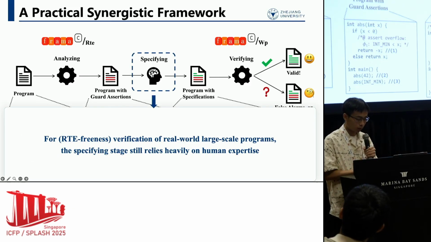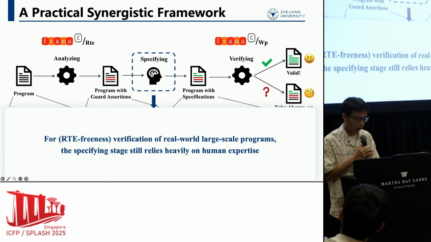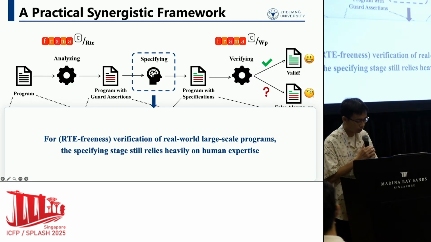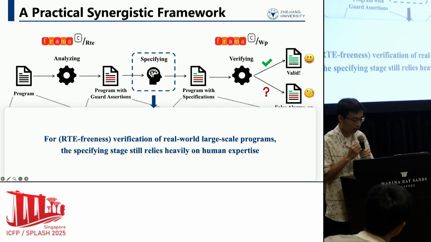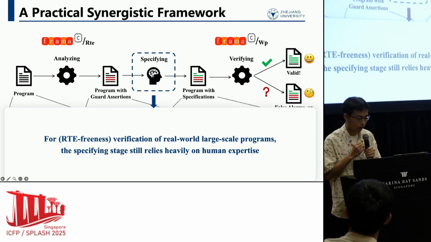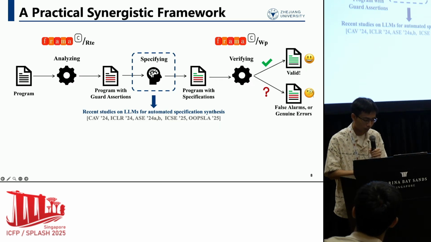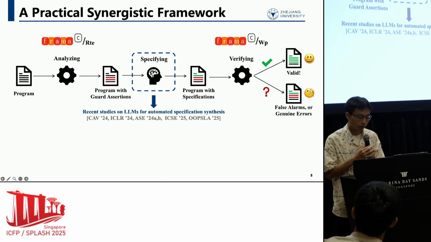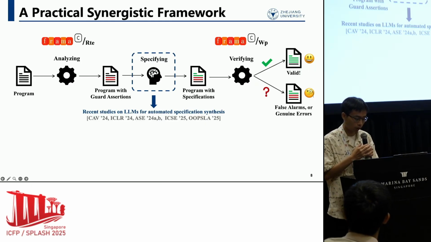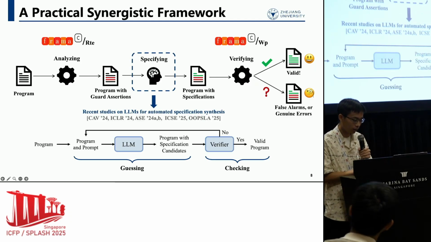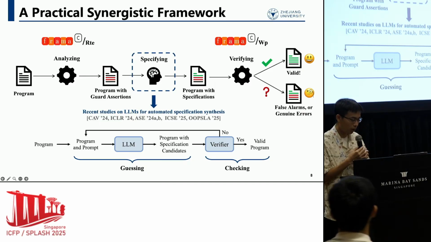Now we have presented the workflow of this synergistic verification framework, which combines static analysis and deductive verification. The core problem is, for RTE freeness verification of real-world large-scale programs, the specifying stage still relies heavily on human expertise. To mitigate this problem, there are a lot of recent studies focusing on utilizing LLMs for automated specification synthesis. The common idea is a guess and check iteration framework.